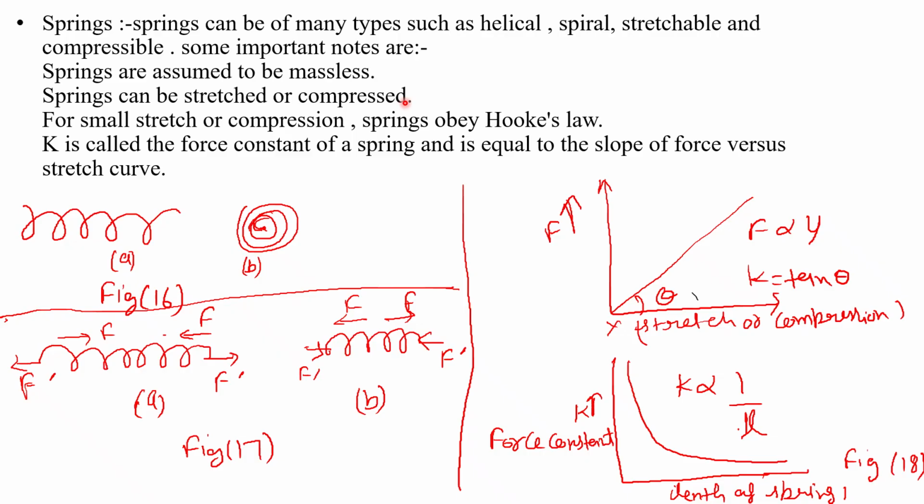It is said that this is why the restoring elastic force in a spring is assumed to be the same everywhere. A spring can be stretched or compressed, and stretch or compression is always taken to be positive. They are shown in this figure 17, stretch and compression.